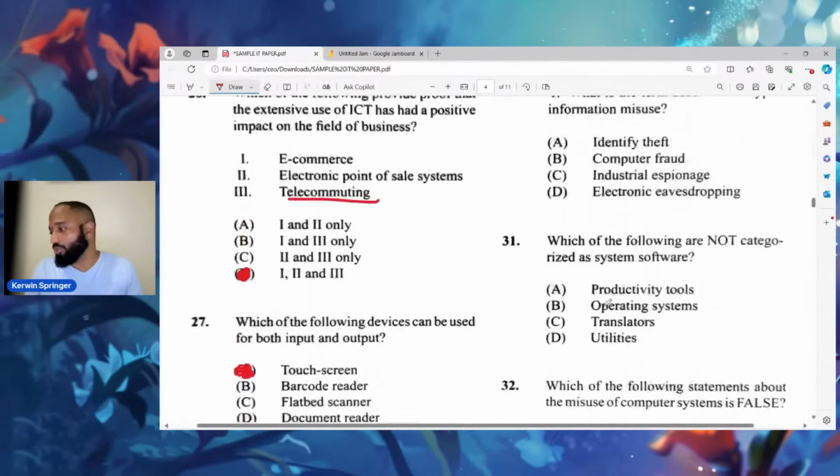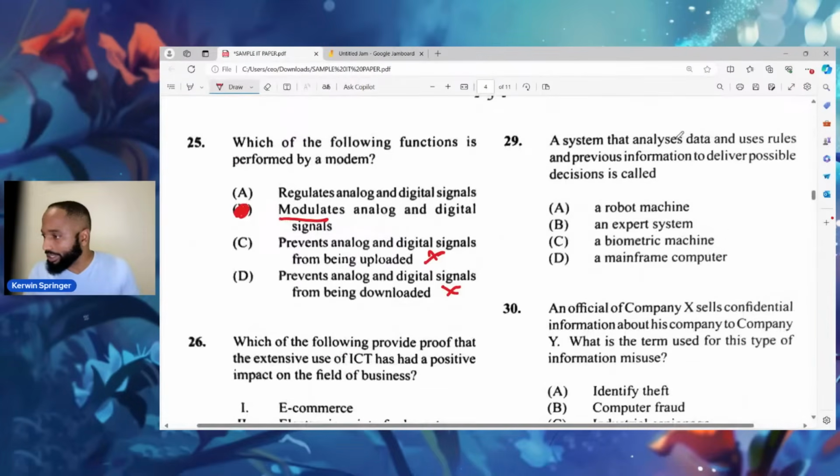Which of the following is true? So that's true. A system that analyzes data and uses rules and previous information to deliver possible decisions is called a robot machine, a biometric machine, a mainframe computer, an expert system.